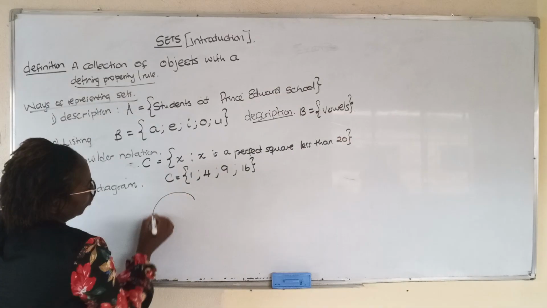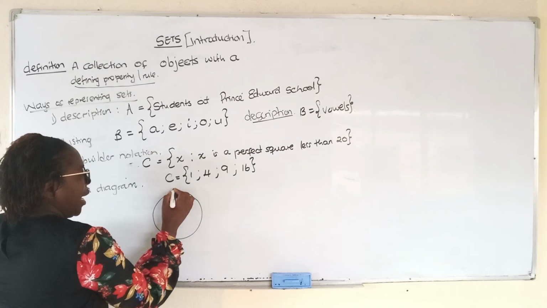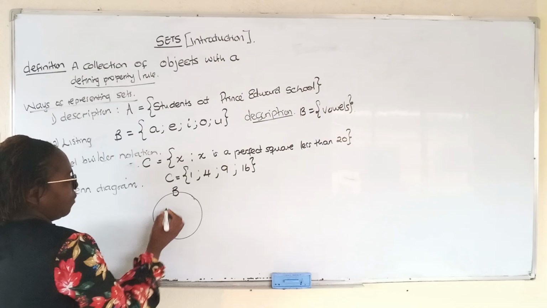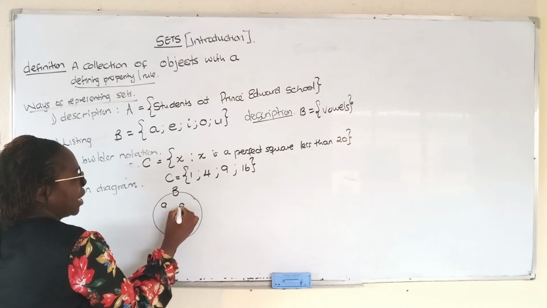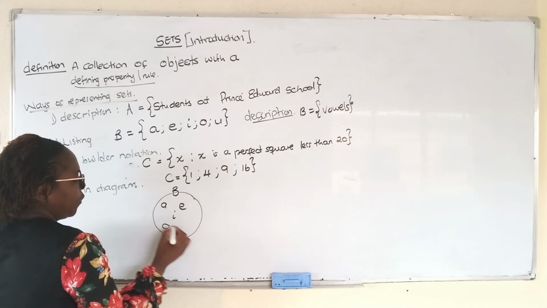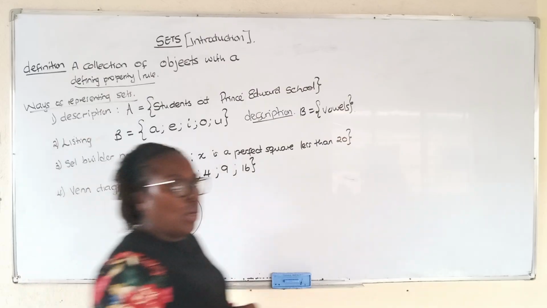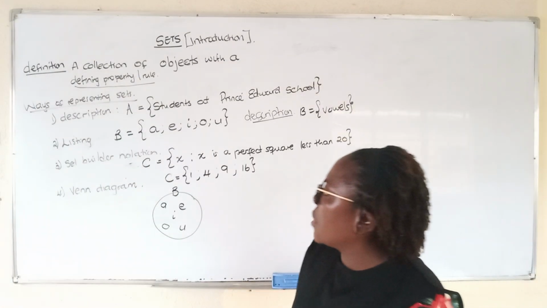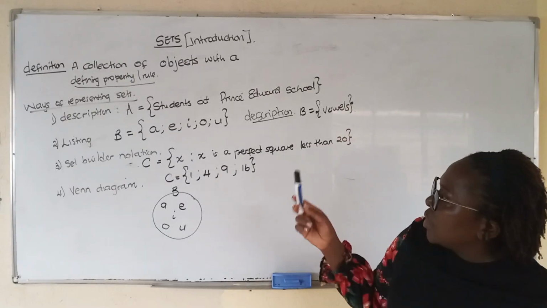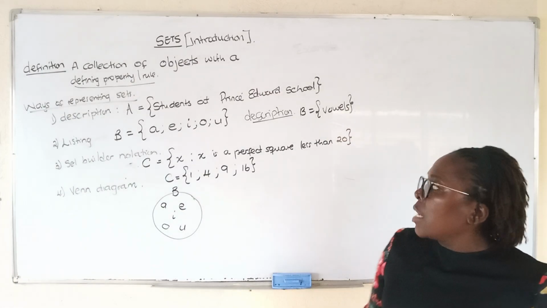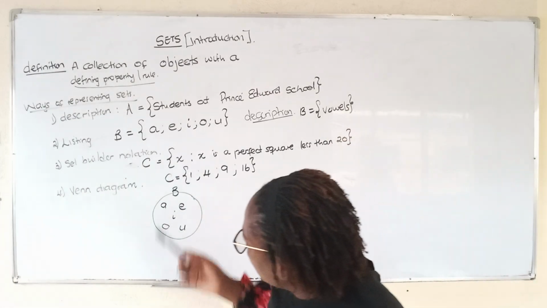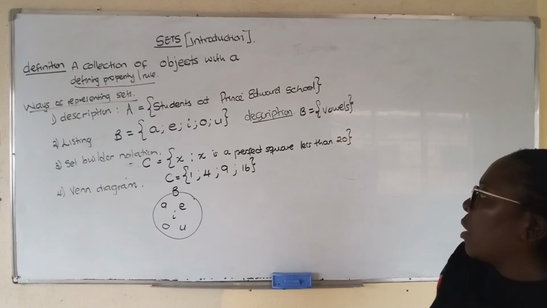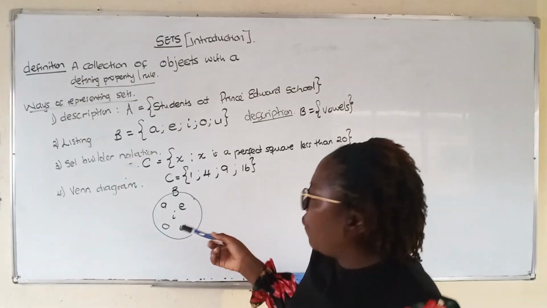It means we will draw a circle and we label it B, and then we just simply write the elements of the set B. So we have drawn a Venn diagram. So these are the 4 basic ways that you can use to describe or to represent sets: the description method, the listing method, the set builder notation, or the Venn diagram.